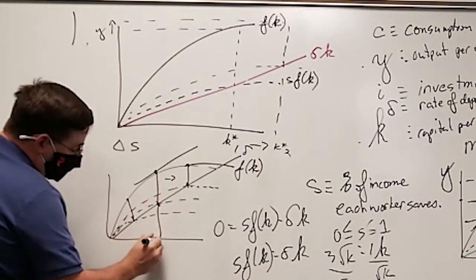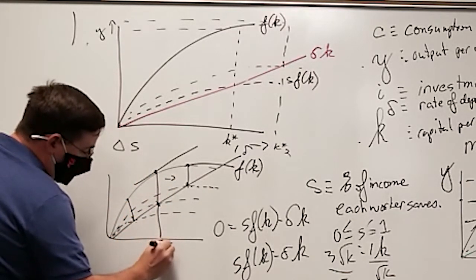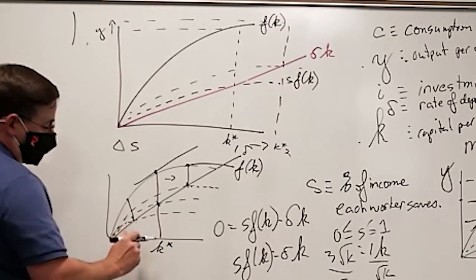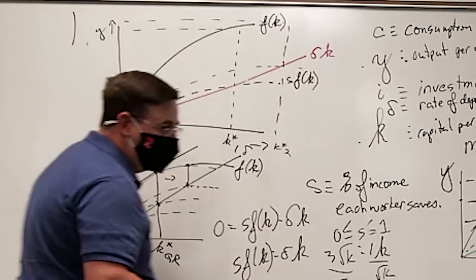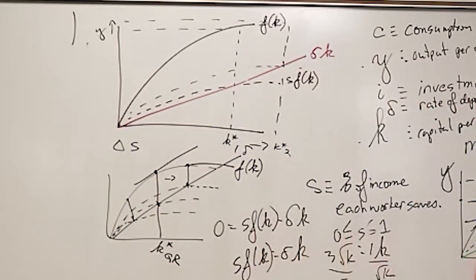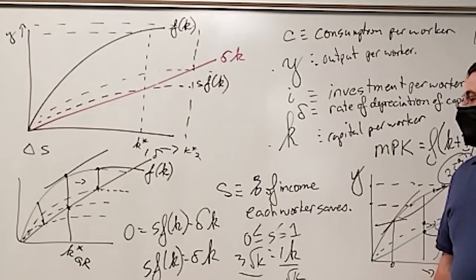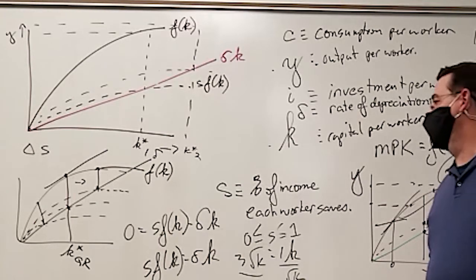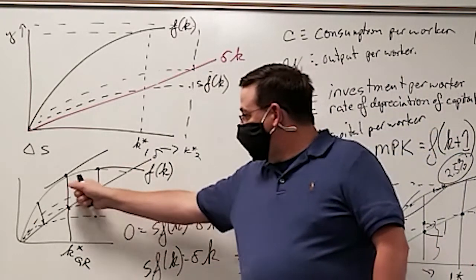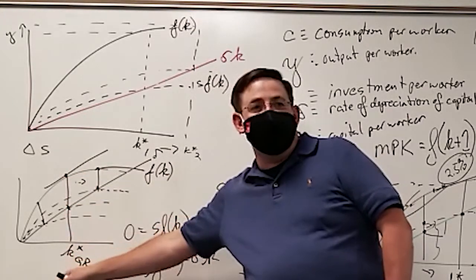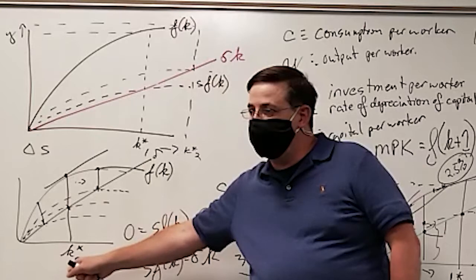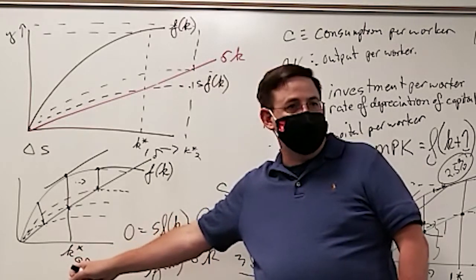This level of capital is even more interesting than just the steady state. This is called the golden rule steady state. The idea behind it being that at this level, we're consuming the most that we can, and we're providing the same level of consumption to our children into the future.